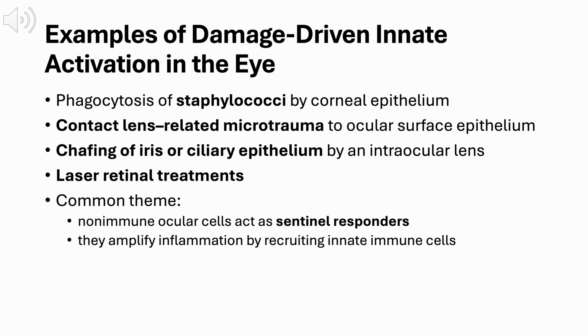Similarly, mechanical chafing from an intraocular lens can activate the iris or ciliary epithelium, and retinal laser treatment can trigger inflammatory signaling through controlled tissue injury. The common principle is that damaged or stressed ocular cells do not simply wait for leukocytes to arrive. They initiate the response by releasing mediators that recruit and activate innate immune cells, thereby amplifying local inflammation.